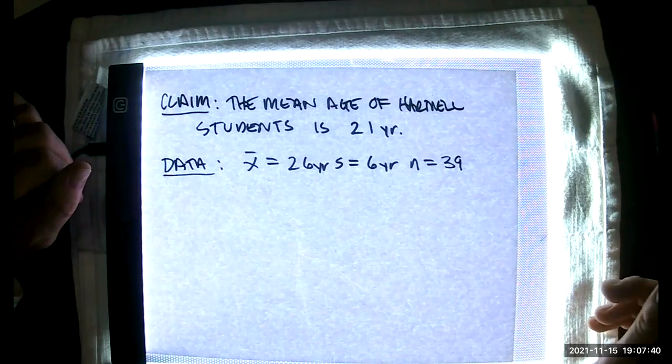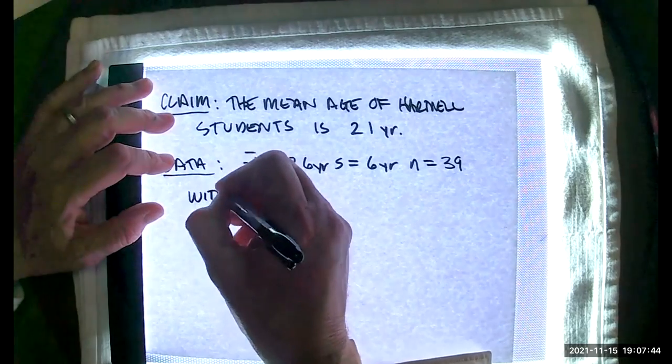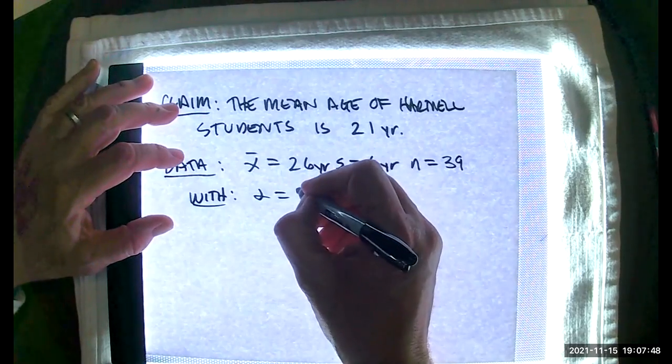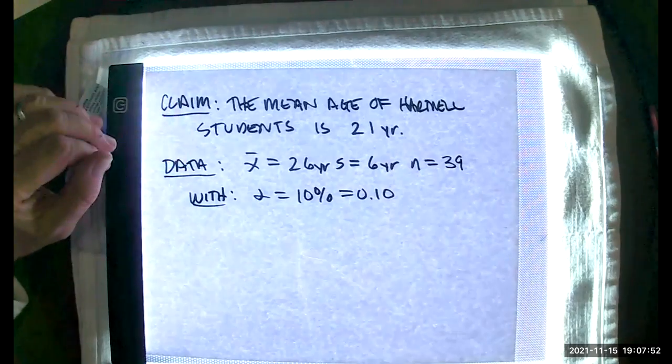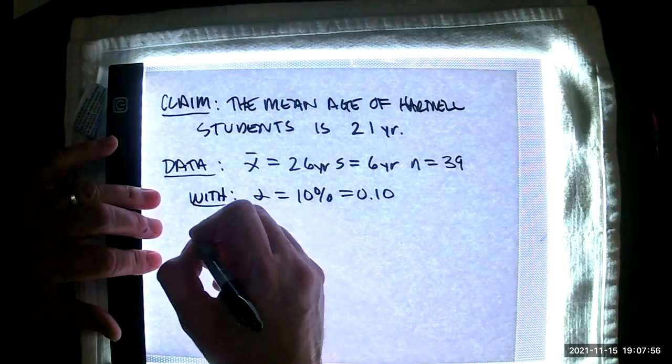So we're going to test this claim with alpha equals 10%. That's 0.10. And we've got a simple random sample.